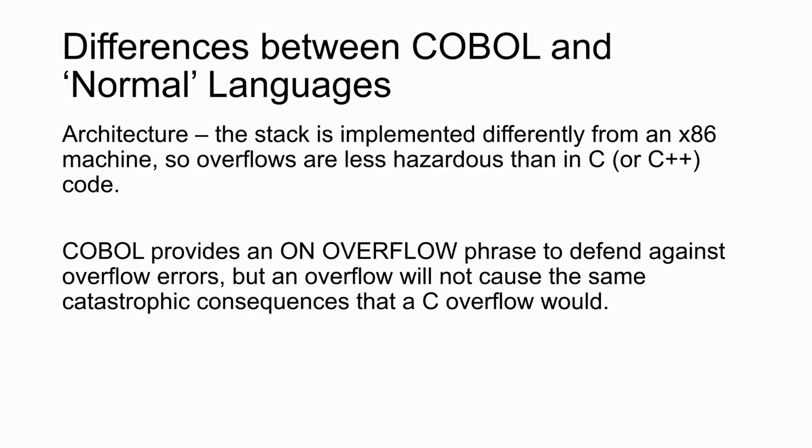If you do see any of those mismatched variable size issues we saw earlier, they would normally be truncated. You can put an on overflow statement in there which would warn you that the truncation has occurred. There would be nothing quite as disastrous as a C overflow where it overwrites the next piece of data. It would just be a loss of part of your data that's been input.